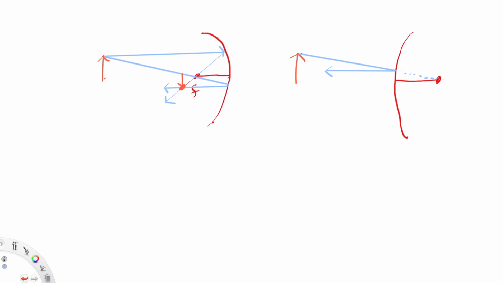And a ray that comes in parallel to the axis, well, here maybe the easiest one is if it comes into the center of the mirror, it's going to reflect out at the same angle it came in at.